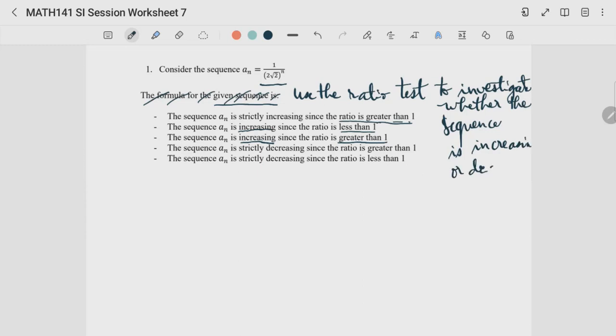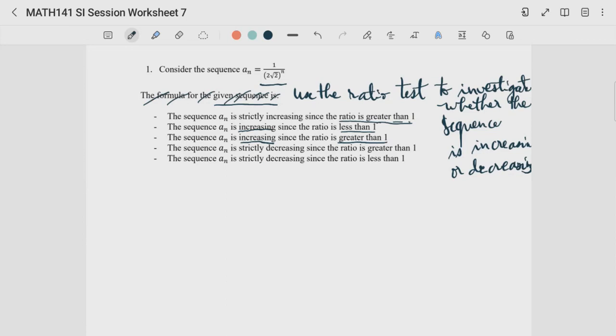Or decreasing. So that should be the actual question there. I think there's a mistake there. But anyway, we have to use the ratio test to check whether or not the sequence is increasing or decreasing.